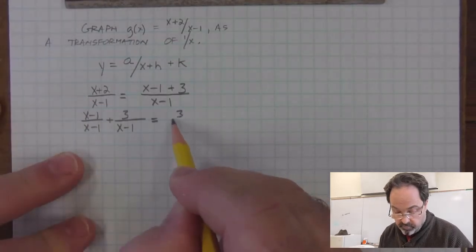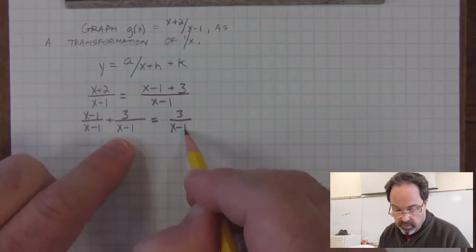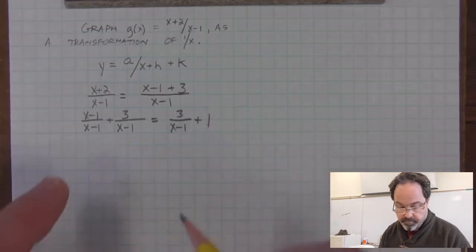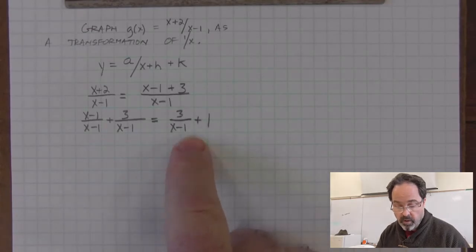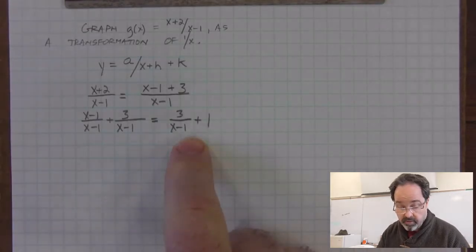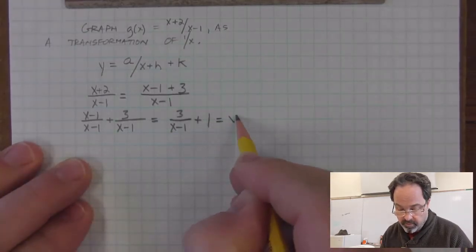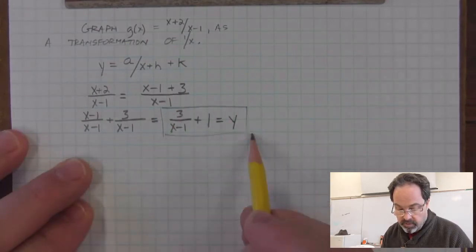I'm going to list this first term that includes x, 3 over x minus 1, and then the simplified integer, something over itself, is 1. I've done it. I've turned it into 1 over x that's being transformed in 3 different ways. And I can list those ways here. This is the equation equal to y. So here I have it in graphing form.